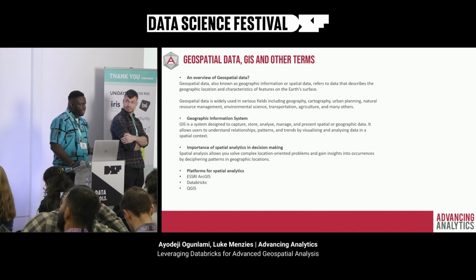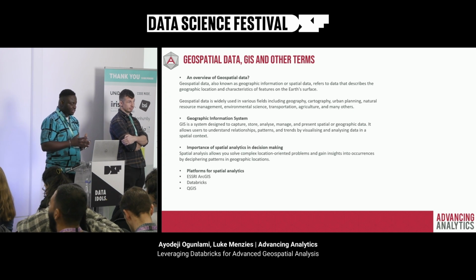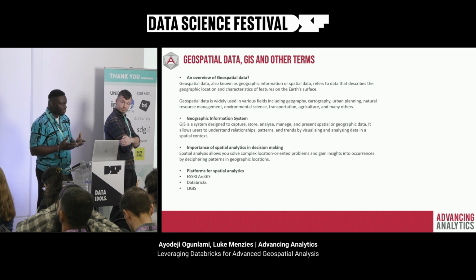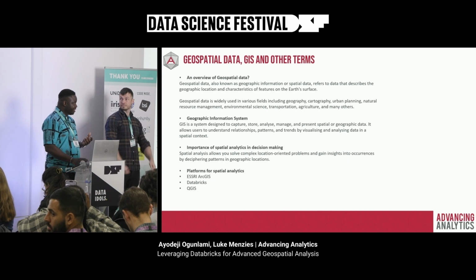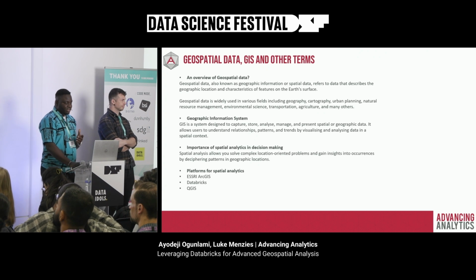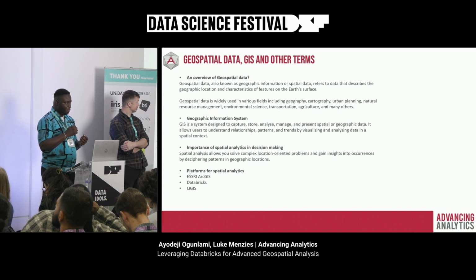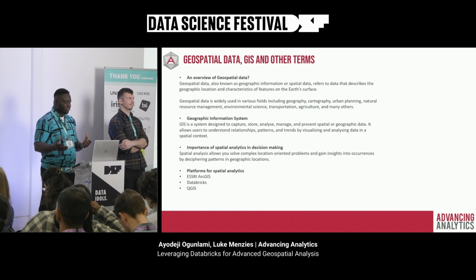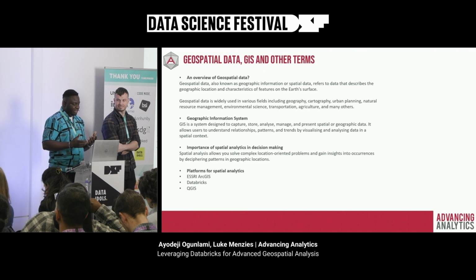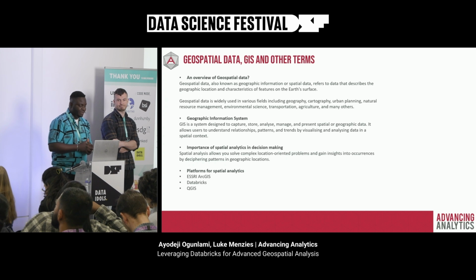The major importance of geographical analysis is that it allows us to solve complex location-oriented problems, things like looking for the best route from your house to a store. That's a spatial analytical problem that has been solved by GIS.